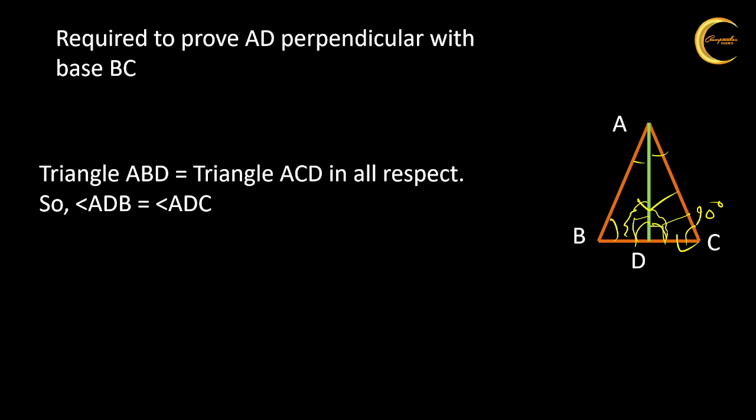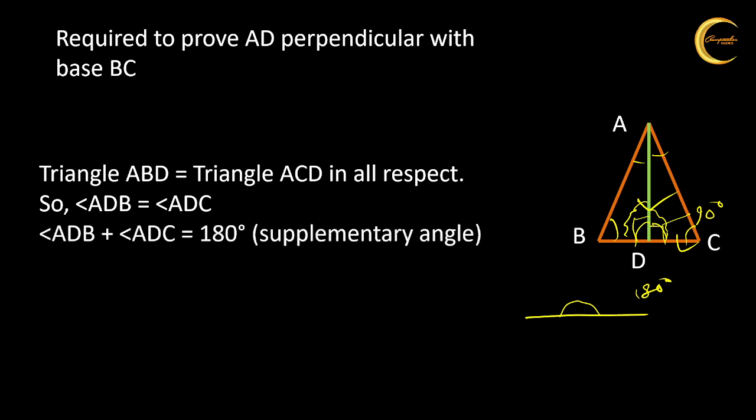And we know one straight line angle equals 180 degrees. So angle ADB plus angle ADC equals 180 degrees, and these are called supplementary angles.